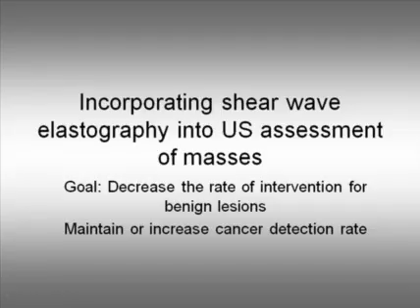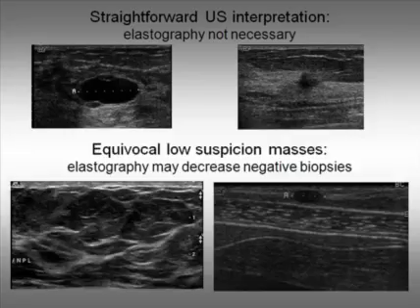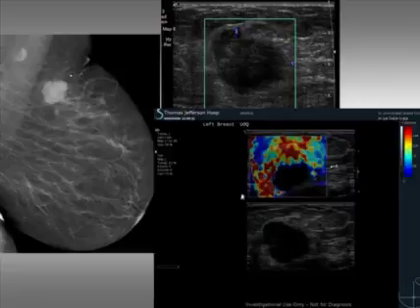So how do we incorporate shear wave elastography into assessment of breast masses? Again, remembering our goal, we want to decrease intervention for benign masses, but we don't want to miss any cancers. Here's a lesion, which is, granted, not equivocal on mammography or ultrasound, but it's an example of how elastography can display malignant tissue.